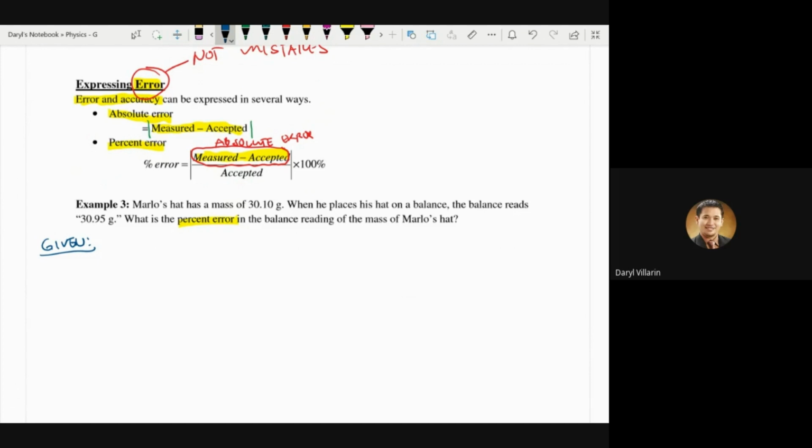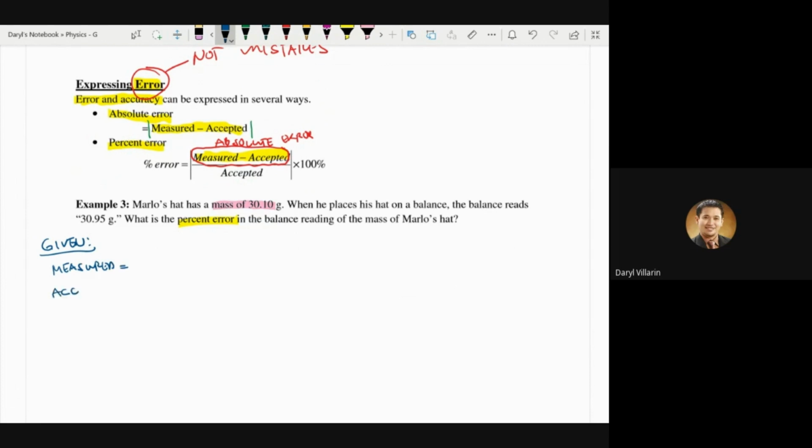So 30.10. What do you think is this mass here? Percent error, if you can see, just involves two quantities, the measured and the accepted. So you need to know what would be the measured and the accepted in order for you to solve percent error.